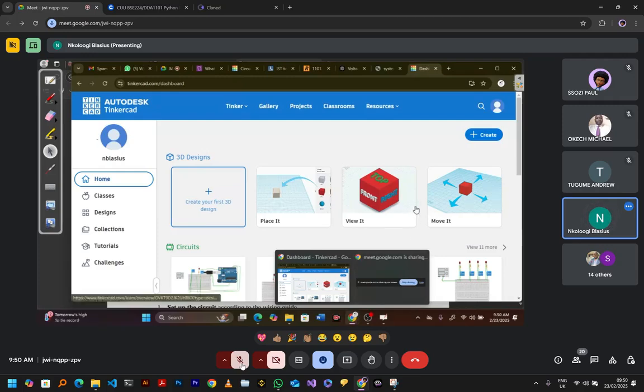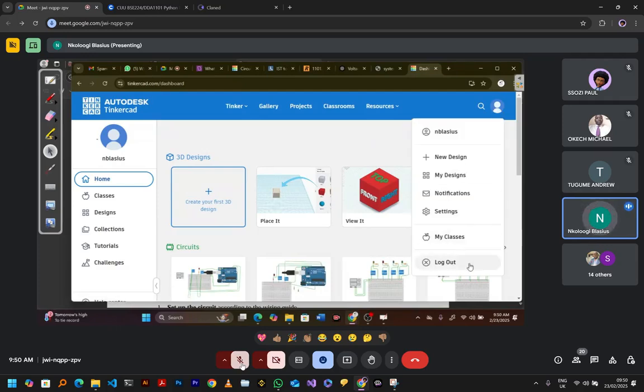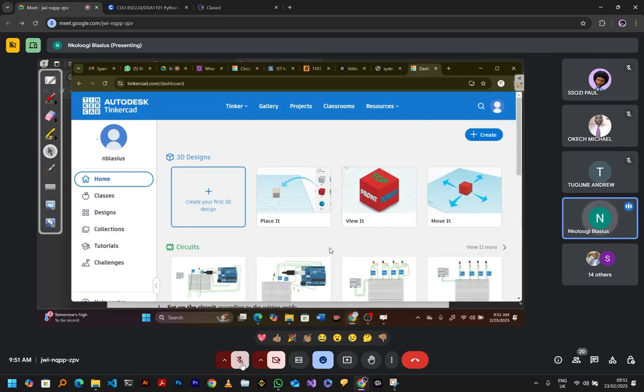If you don't have the account, you need to sign up and then sign in later with that account. I told you to create a personal account. Don't create a student's account. Create a personal account. I need to get at least 5 or 7 people who are already logged into their accounts, so that I can know that some people are working with me.